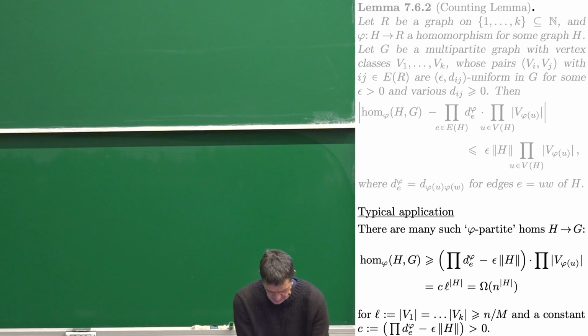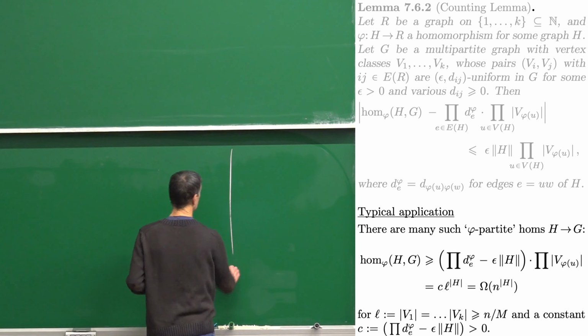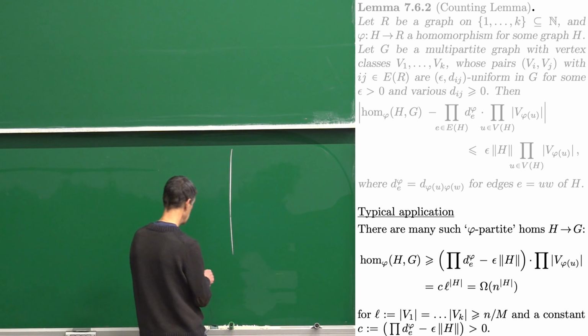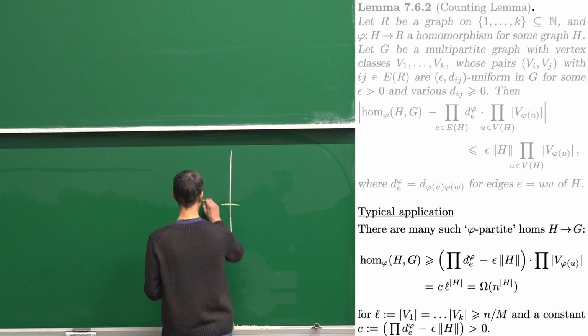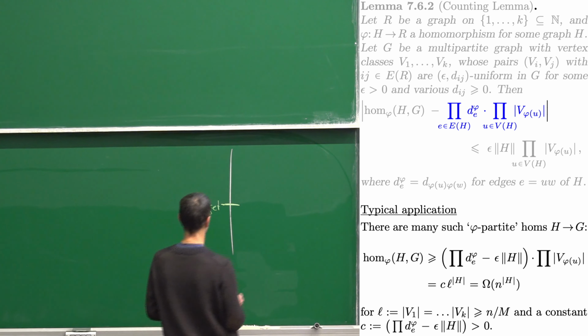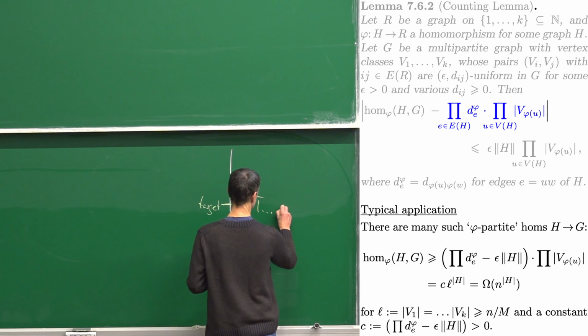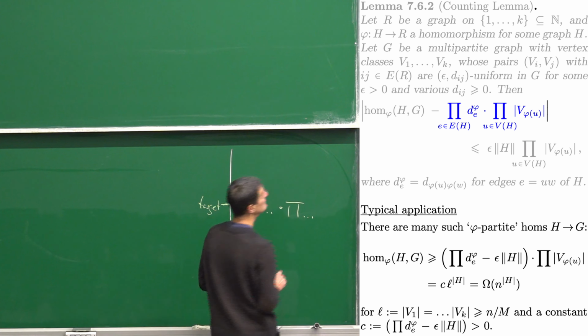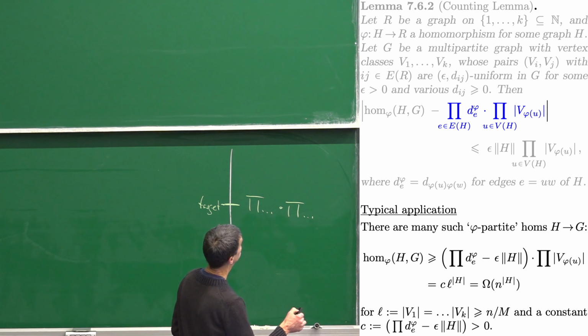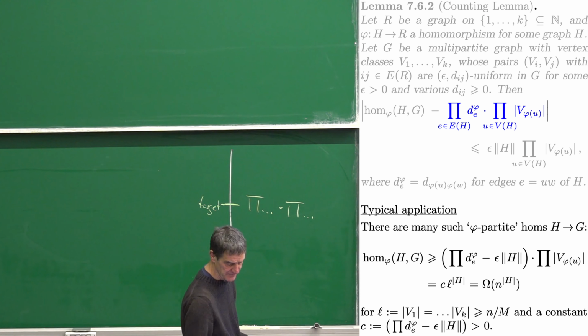So on this vertical axis, we have the target for the number of homomorphisms. That's the big product, in the term from which hom differs only a little bit.